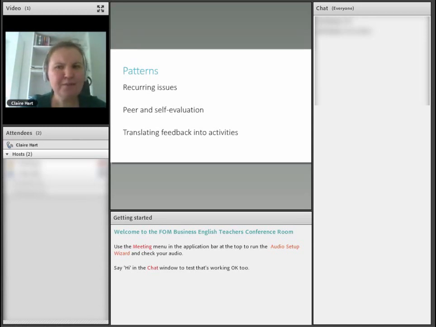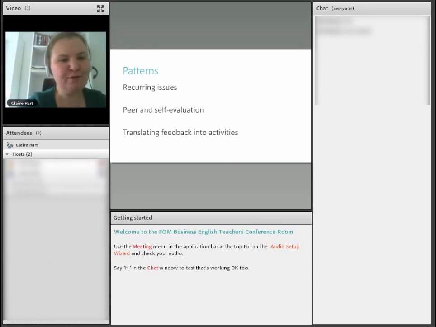So this may mean building in activities to practice a particular skill, a particular vocabulary area, or maybe just, if one of your students' needs is that they need more confidence when speaking, putting in more speaking activities, for example. If they need to feel more confident writing, put in more writing activities. We need to make sure that we don't just keep this feedback and think, oh, great, I've done a great job because I've obtained all of this feedback.